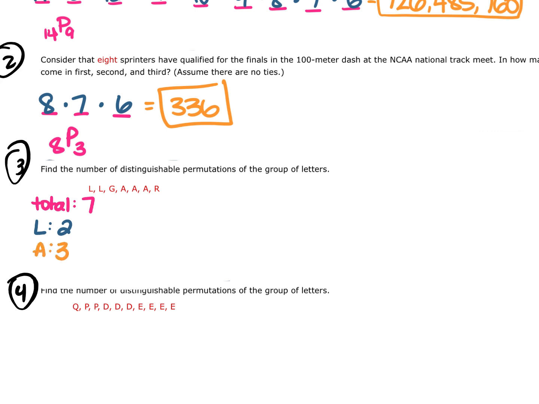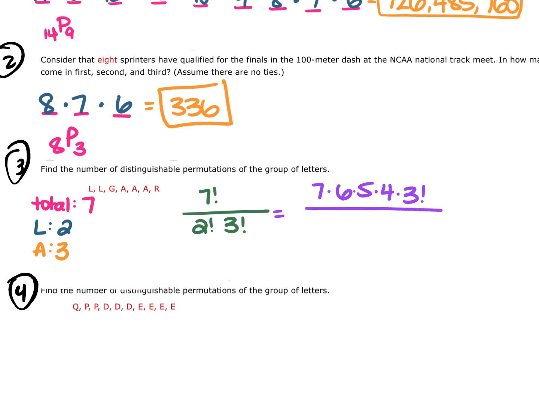To work this out, you are going to have your total number factorial over the amount of times that L repeats, which is 2 factorial, times the amount of times that A repeats, which is 3 factorial. This would then simplify to 7 times 6 times 5 times 4 times 3 factorial over 2 times 1 times 3 factorial.